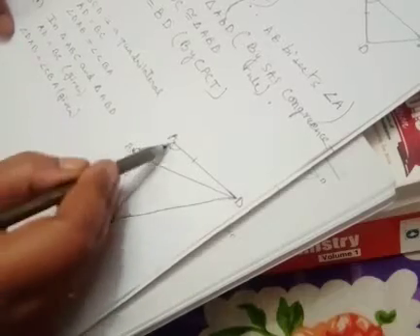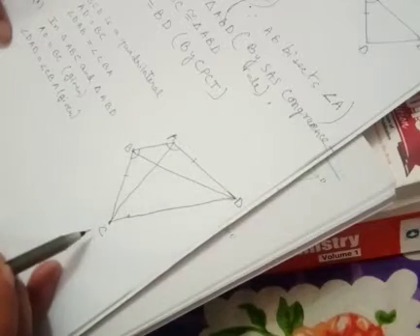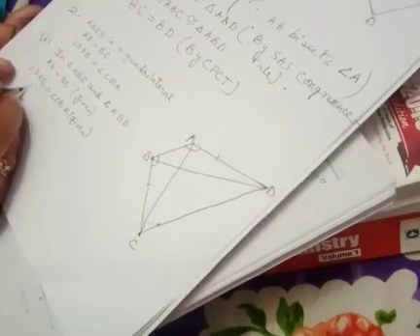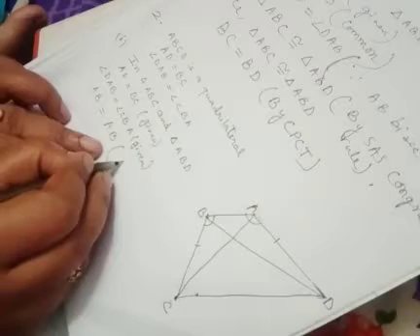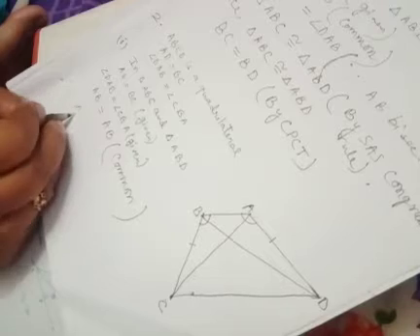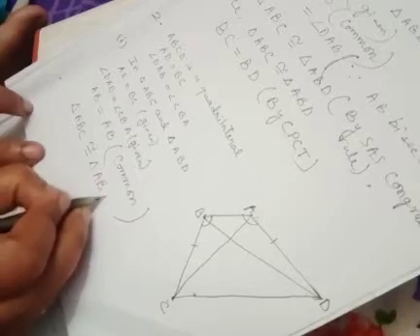So in triangle ABC and triangle ABD, AD is equal to BC, which is given, and angle DAB and angle CBA are equal, which is also given. And one more thing you can write, AB is equal to AB because this side is common to both the triangles. Therefore you can write down triangle ABC is congruent to triangle ABD.